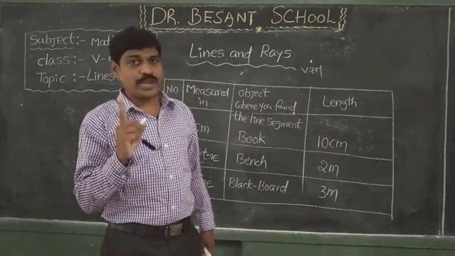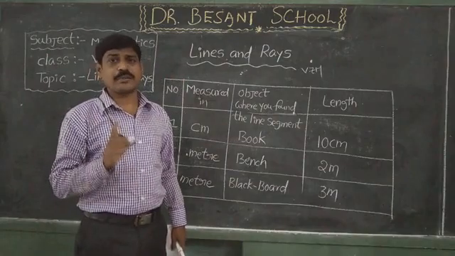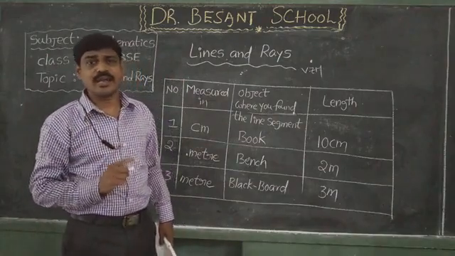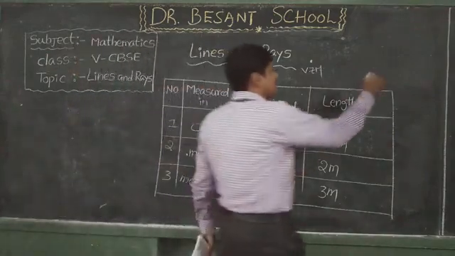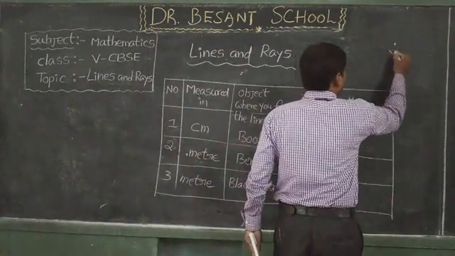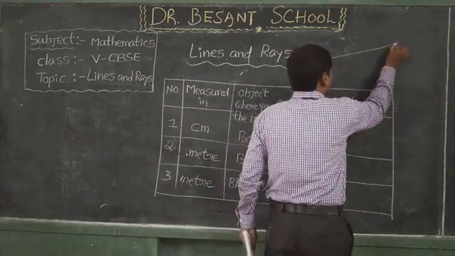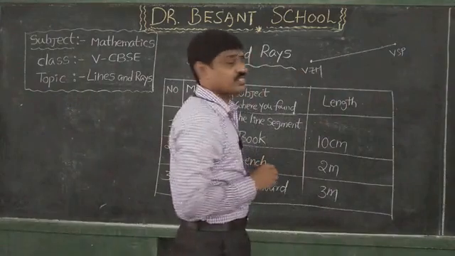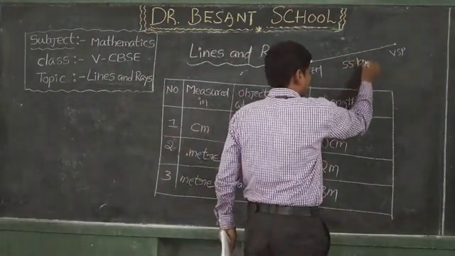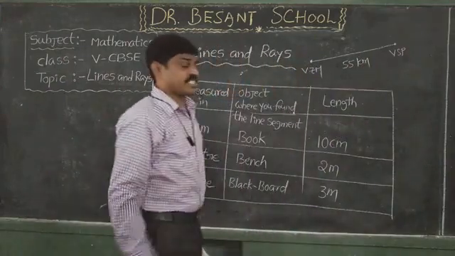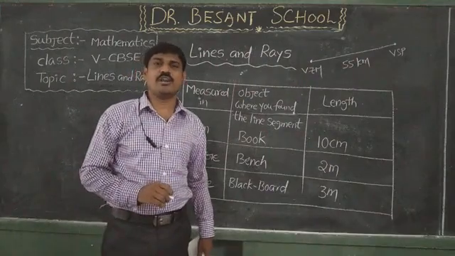It has two endpoints. It has a particular length. Here is Vizianagaram, and this is Visakhapatnam. Suppose the distance between Vizianagaram and Visakhapatnam in a straight length is 55 kilometers.